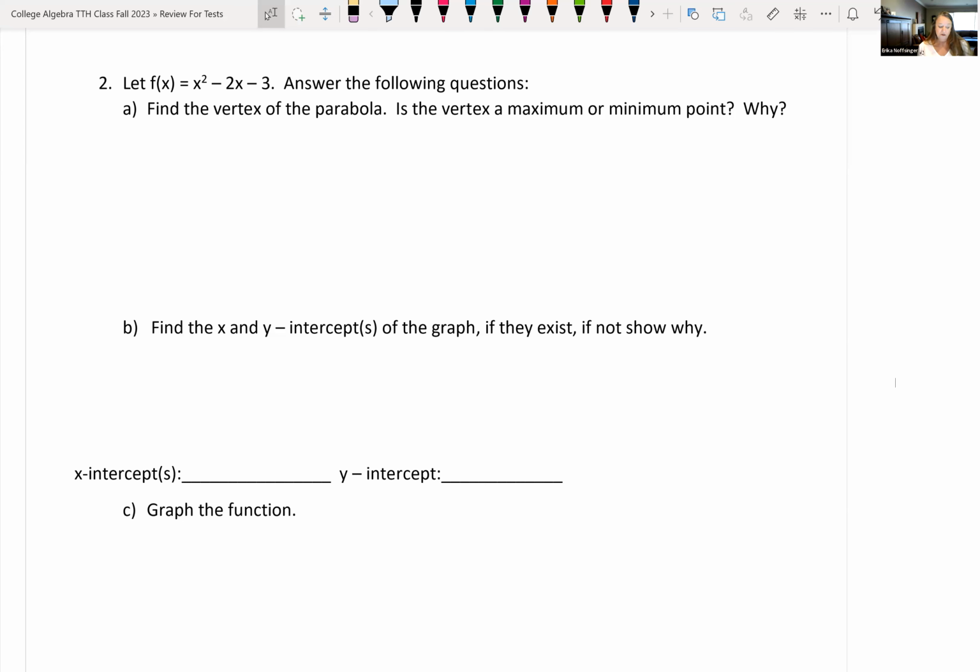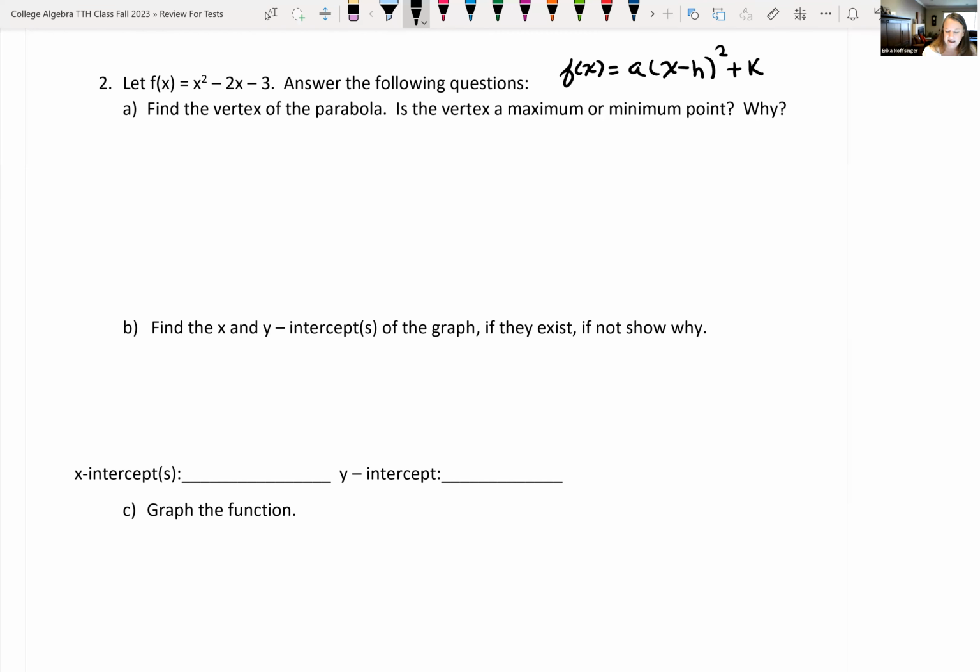So there's 2 different ways that we can go about finding the vertex of a parabola. One way is to do the completing the square method and manipulating our quadratic formula to look like the form of f of x equals a all times x minus h quantity squared plus k.